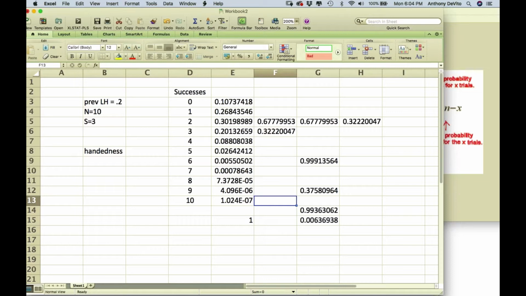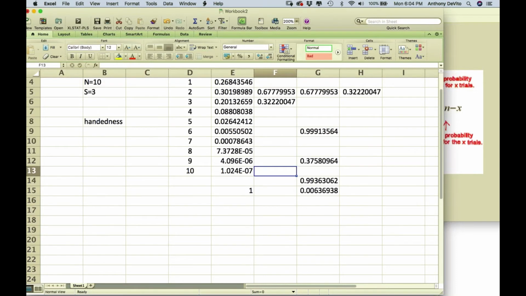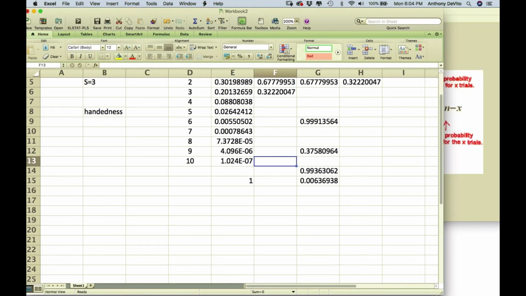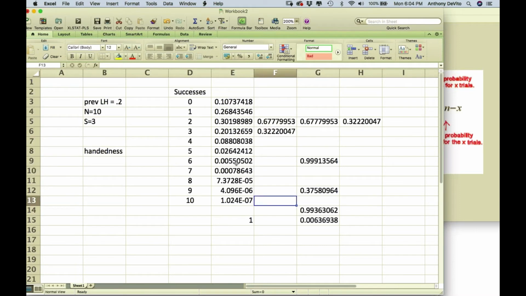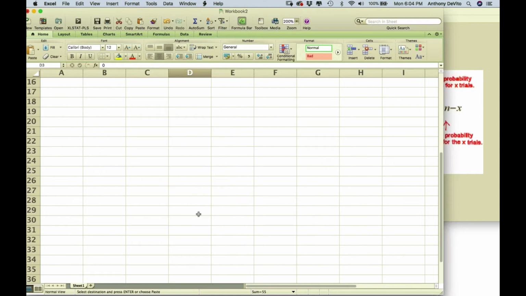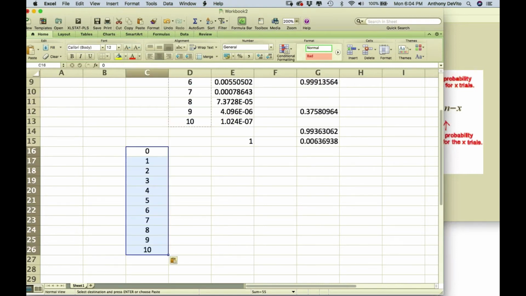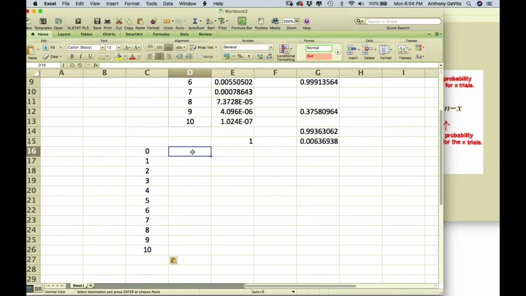So that's pretty interesting, right? This gives us an idea of how things might shake out if we were to take a sample like this. I'm going to repeat this one more time, very quickly. I'm going to copy this and paste it over here, and say equals binomial Dist, parentheses.